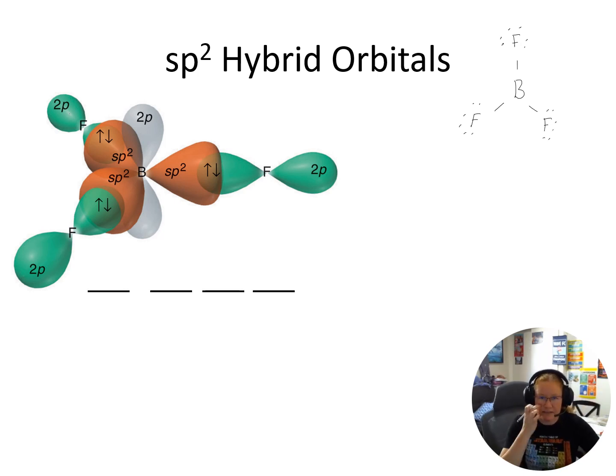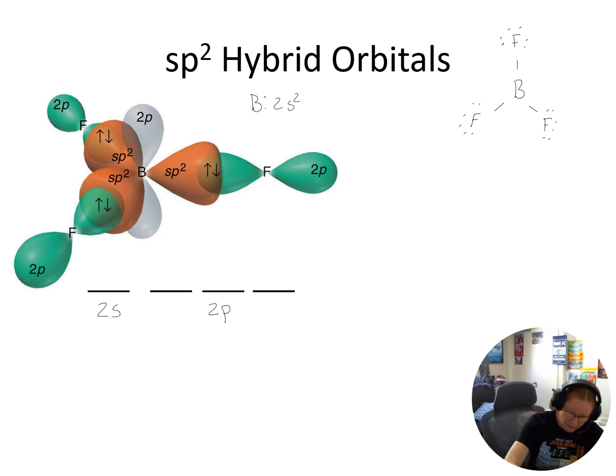And so here you can see this boron. We've got this sp2 hybridization. We've got the hybrid orbitals overlapping with the fluorines, and then we have that empty 2p. So we get our 2s, we get our 2p. Boron has a valence shell of 2s2, 2p1. So we get 1, 2, 1.